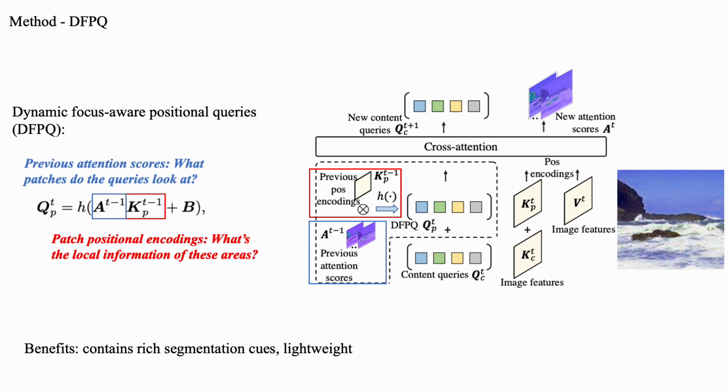These 2 are combined by weighting, with some bias and an activation function. So our DFPQ accordingly has the benefit of containing rich segmentation cues that include fine details, edges, and boundaries, while being lightweight. The visualization of our DFPQ is on the right-hand side.